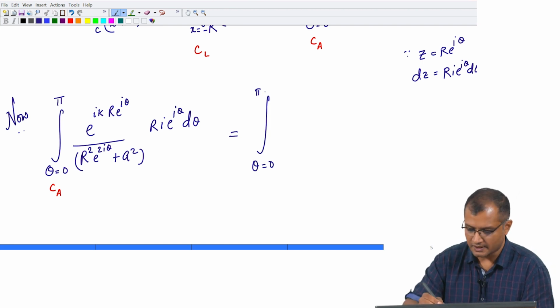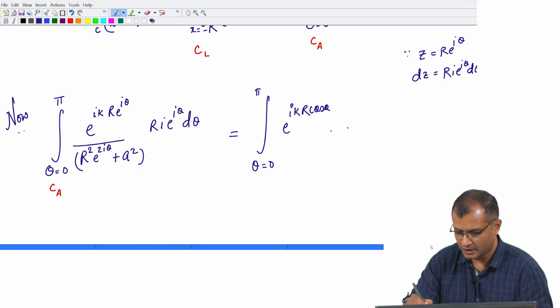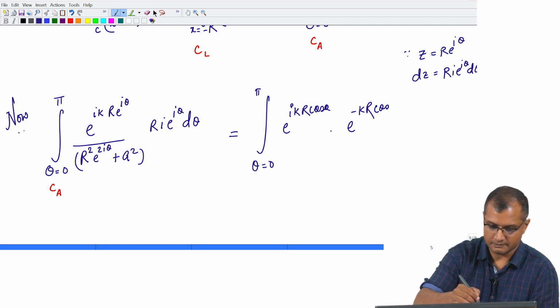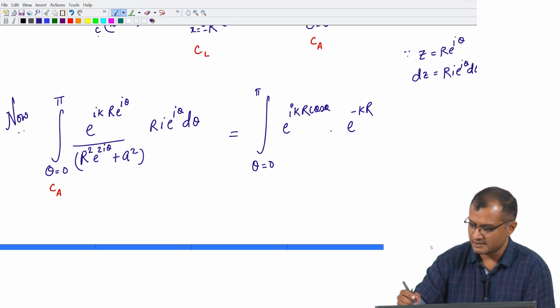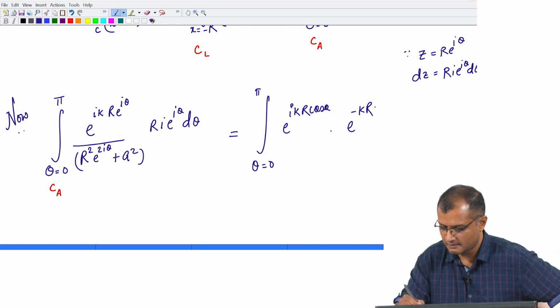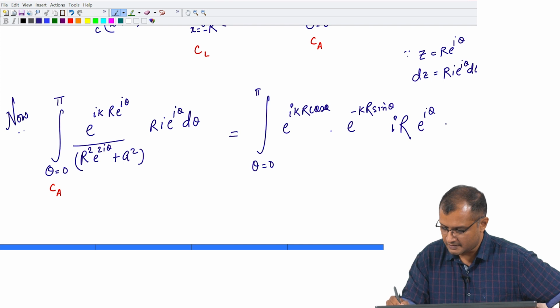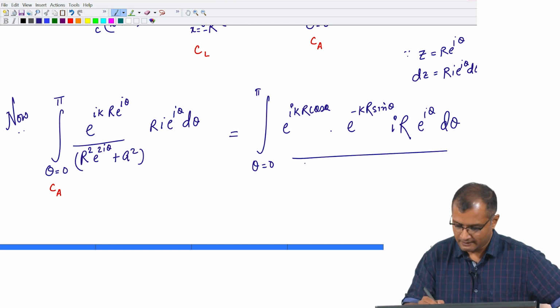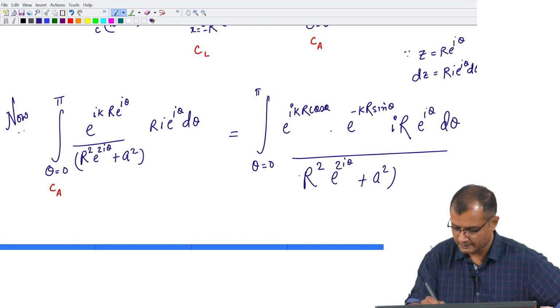I can split up the numerator as e to the power i k r cos theta into e to the power minus k r sin theta, because e raised to i theta is cos theta plus i sin theta, i into i gives you minus sin, into r i e to the power i theta d theta divided by r square e to the power 2 i theta plus a square, fine.